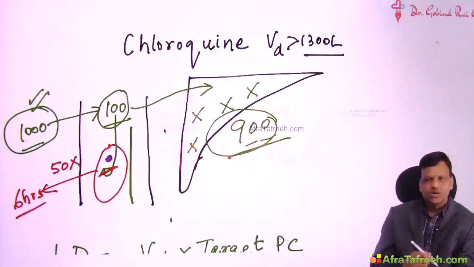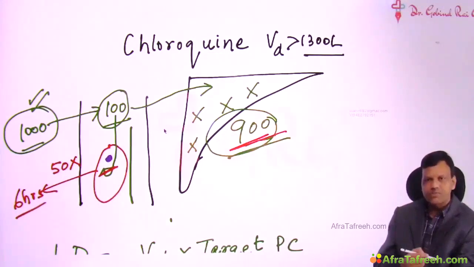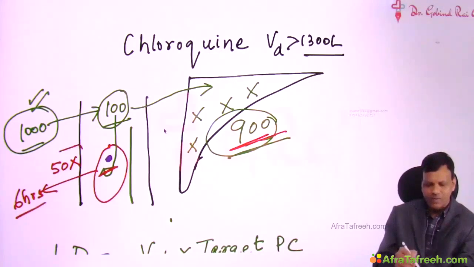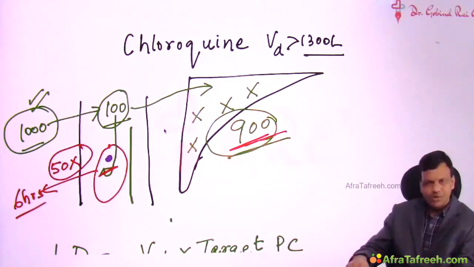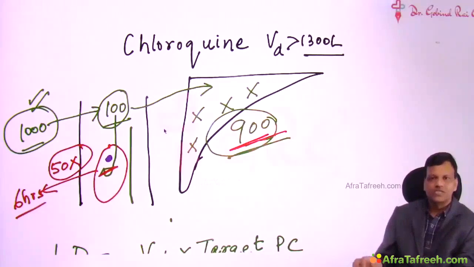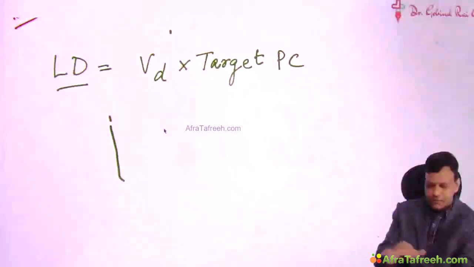But the question is, do we need to repeat this 900? The answer is no, because the liver is already full. So maintenance dose does not depend upon distribution. Maintenance dose depends only on elimination or metabolism. Whatever is broken, we have to replace that. That metabolism we measure by another parameter which is called clearance. So maintenance dose depends upon clearance. Loading dose depends upon distribution.